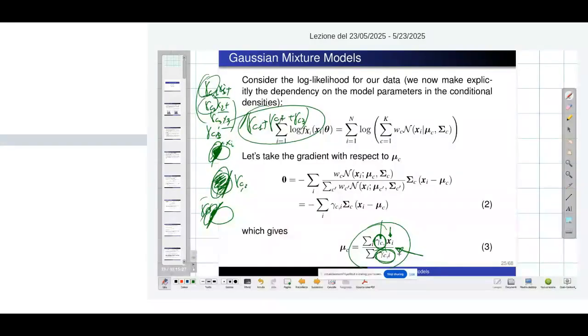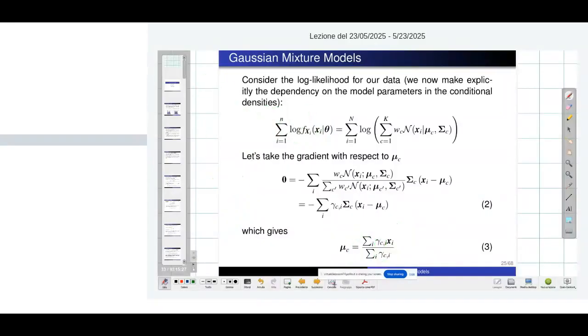So the mean is a weighted mean, which I can interpret as having assigned only the fraction gamma ci of the sample xi to the cluster C. So if I give you cluster posterior probabilities, this is exactly the solution. If you know the correct cluster posterior probabilities, then the solution consists essentially in considering a point as belonging to the cluster for a fraction that is equal to the cluster posterior probability. This is for the mean.